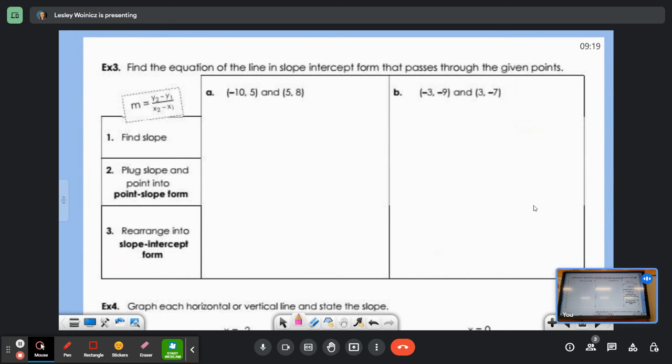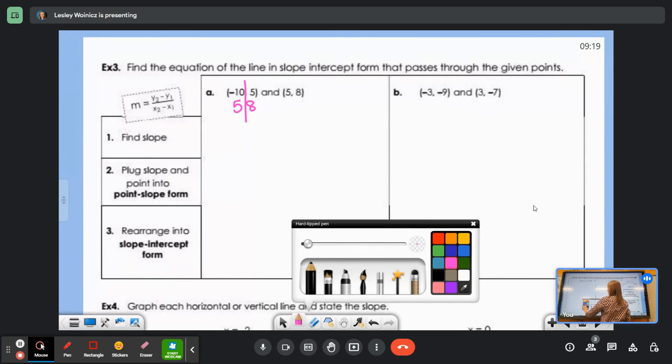All right, we have to find the equation of the line in slope-intercept form that passes through the points. We're going to do the same thing. Try to do it without looking at the steps. If you need the steps, they're there, but try to do it without. What do we do first? Do you want to use a table this time? Yes. So I'm just going to put the 5, 8 underneath the negative 10, 5 and turn that into my table.